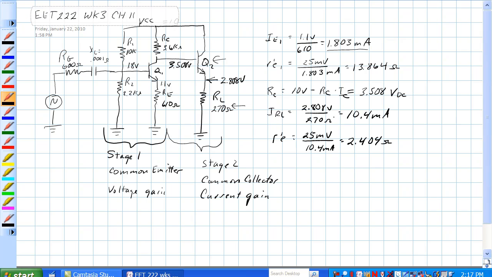IRL came out to 10.4 milliamps through RL. Our r'e came out to 25 millivolts over 10.4 milliamps, which comes out to 2.404 ohms. The thing to notice here is that the more current you have through the collector, through the emitter, the lower r'e is going to be.